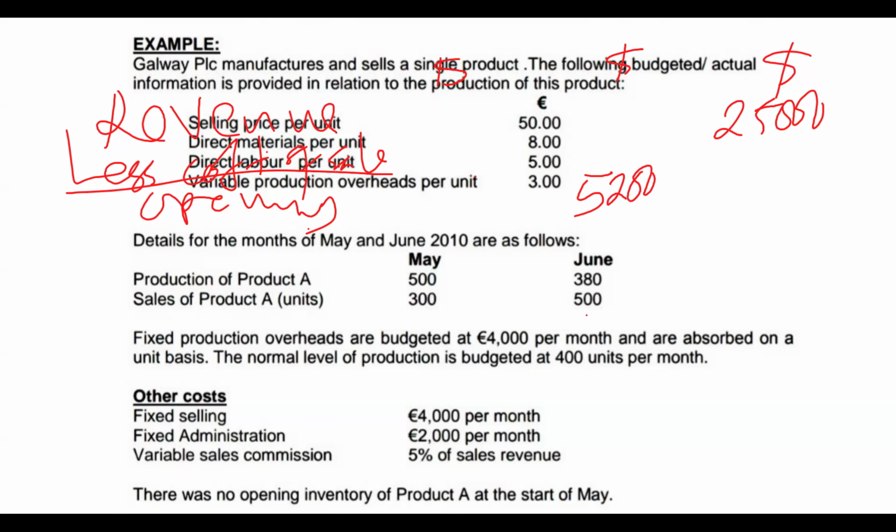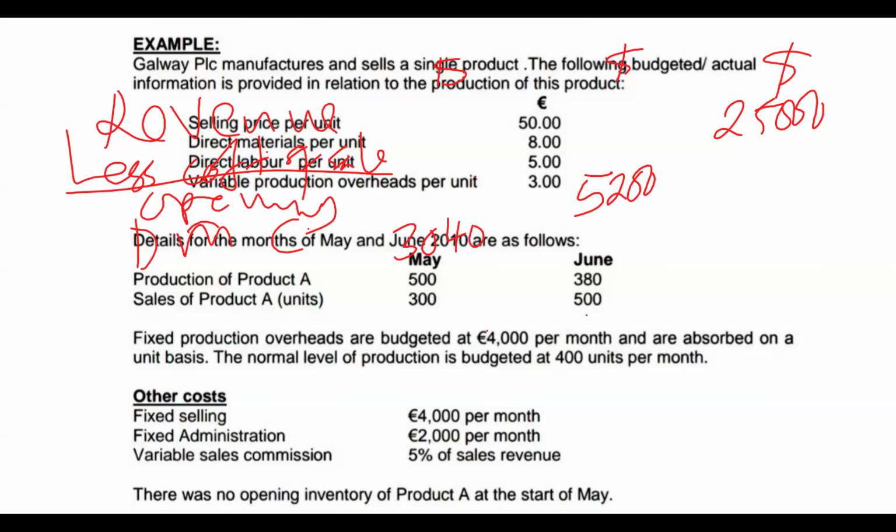And then we go ahead and do direct material costs. How much is it? It is 8 kwacha per unit. So 8 times the units that were produced, 8 times 380. What do you find? 3,040. Okay.